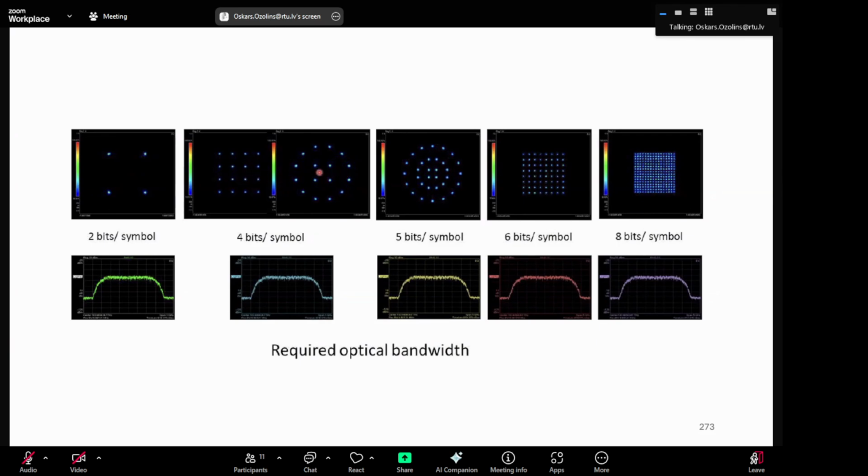Then we start to see more fancy constellation diagrams. And I think we will talk also a little bit later in the course about probabilistic shaping of these constellation diagrams. Because you can also choose how often you send a particular symbol, and there are benefits in terms of how much information you can transmit with a certain constellation point.